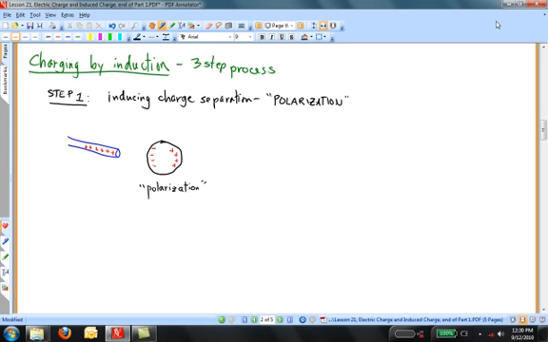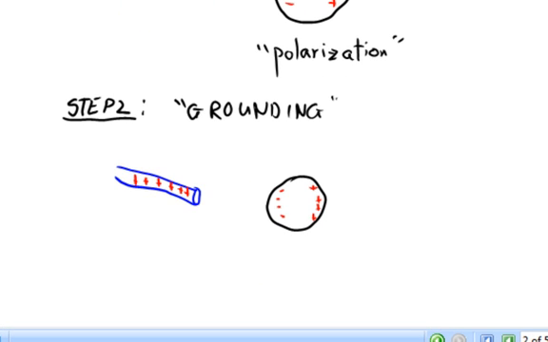The next step in this process is to provide some object that can give or receive excess electrons and attach it by a conductor to this polarized object. We call that grounding the conductor. So I'm going to attach a ground wire, and the symbol is a conductor that's attached to something that's buried in the ground.